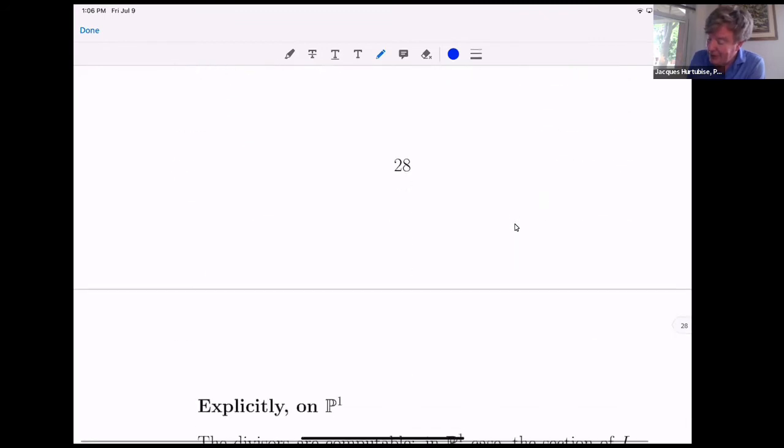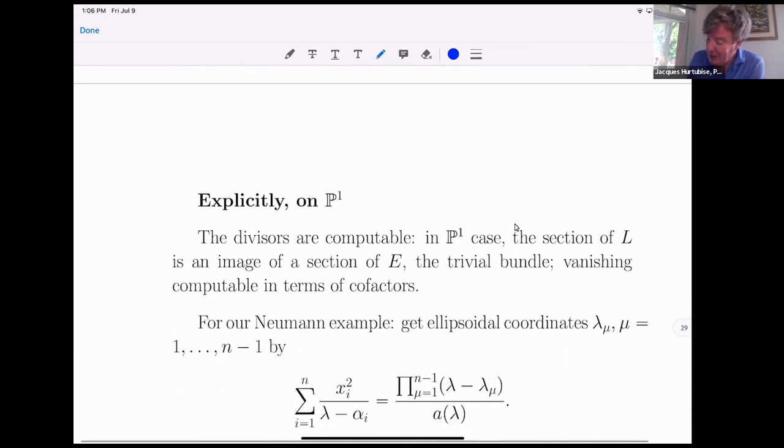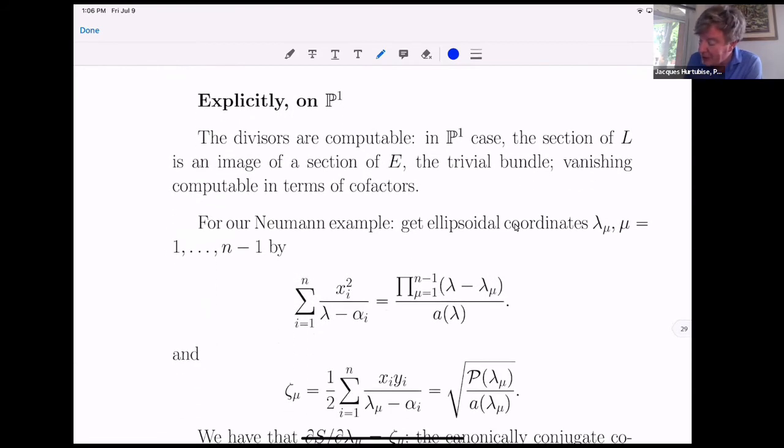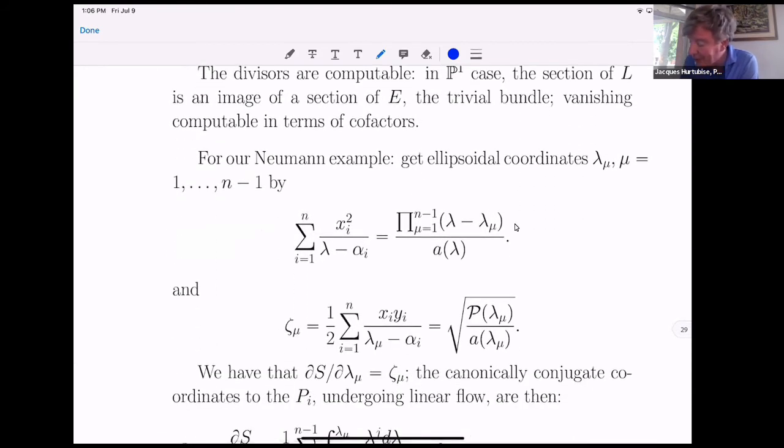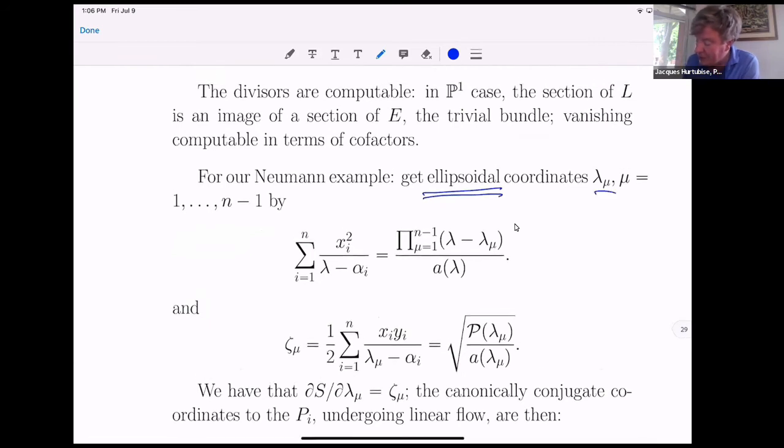So that's the story. And if you go back to the Neumann example, you get these classical coordinates, because these things are computable. So the lambda mu's were these ellipsoidal coordinates. You take one of the coefficients of the matrix, and it's where these things vanish, basically, that you're getting these things. And there's a dual expression for the zeta mu.